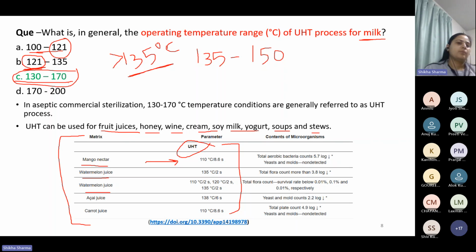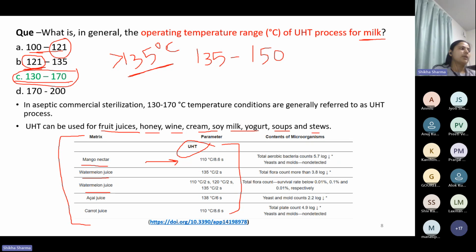During pasteurization also, ma'am, this temperature is maintained, right? 135 or something? I don't think so. Usually pasteurization is a low temperature process, below 100 degrees Celsius. Yes, 60 to 75, that is for milk.